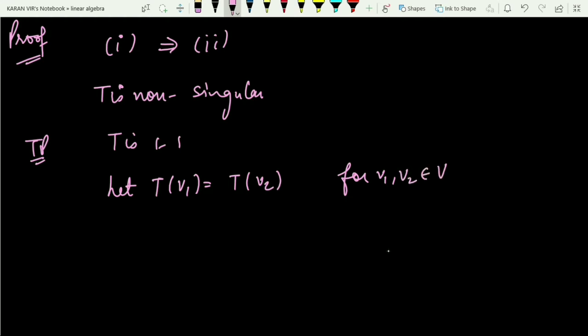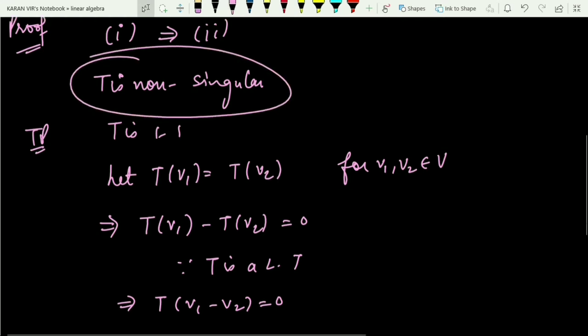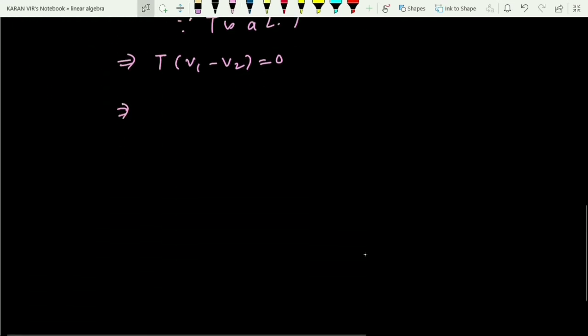Now if two images are equal, because T is a linear transformation, can I say that T of V1 minus T of V2 equals 0? And now because T is a linear transformation, can I say from here that T of V1 minus V2 equals 0? Now I have to use the fact that T is non-singular. So if T is non-singular, it means V1 minus V2 equals 0, by the definition of non-singular.